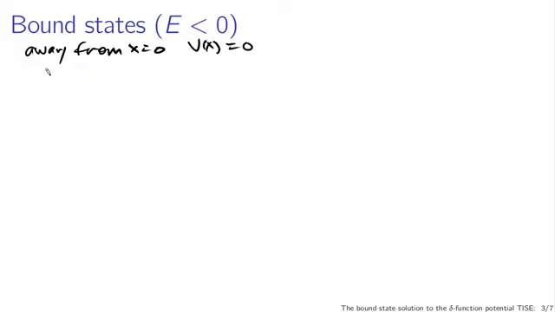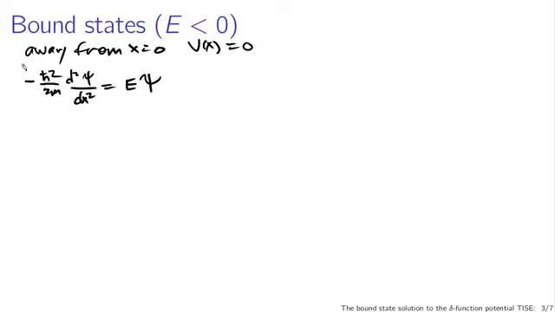So our time-independent Schrödinger equation becomes minus h bar squared over 2m times the second derivative of psi with respect to x is going to be equal to E times psi.